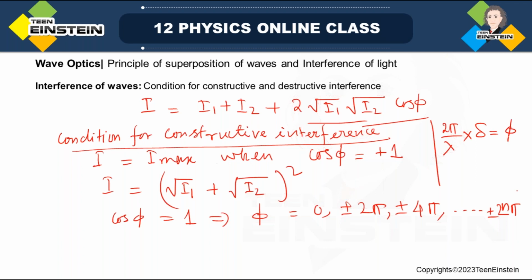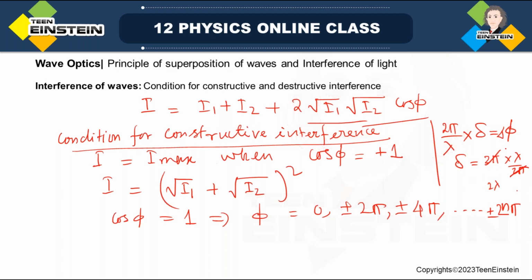So when the phase difference is 2 pi, we get 2 pi into lambda by 2 pi, so the path difference becomes lambda. When it is 4 pi, the path difference will be 2 lambda.